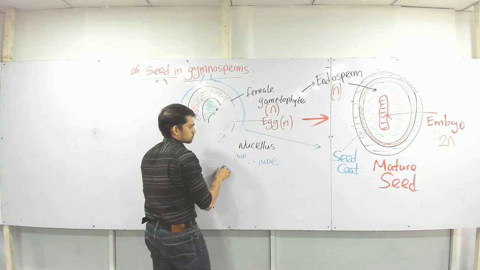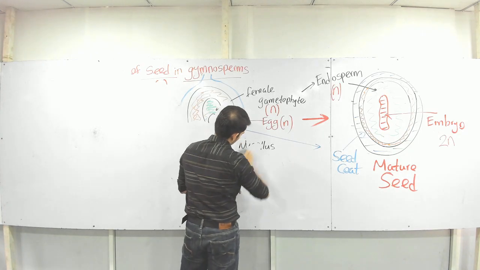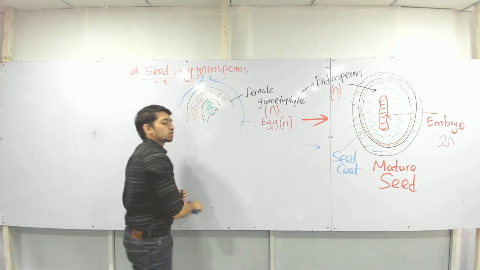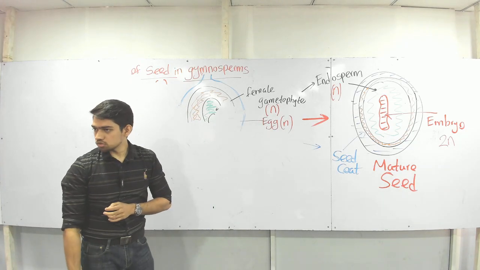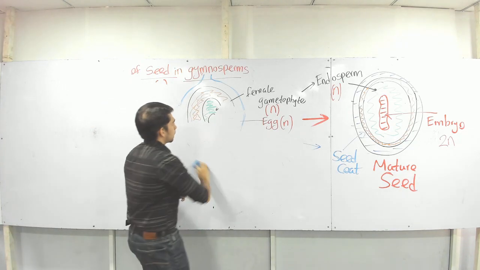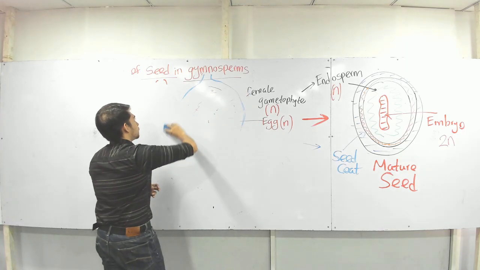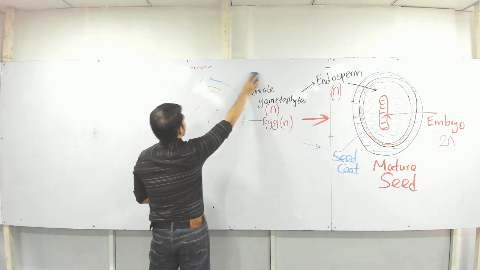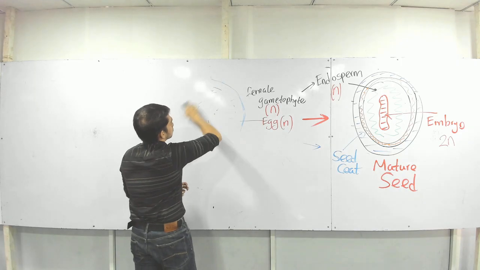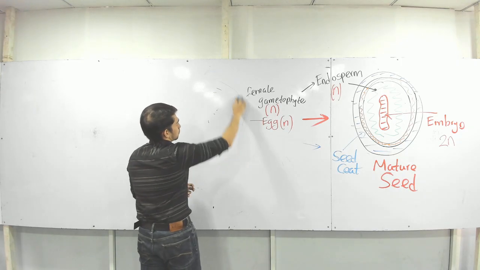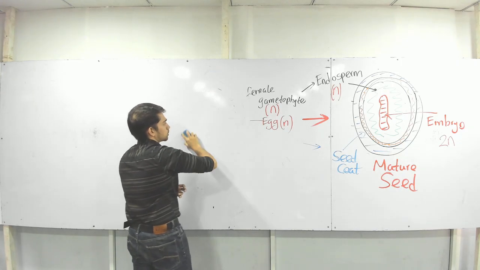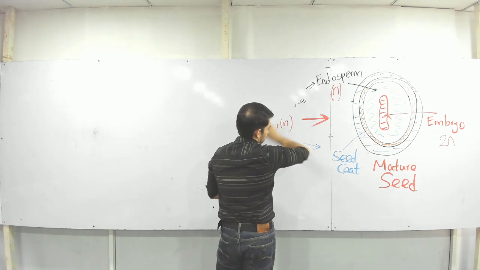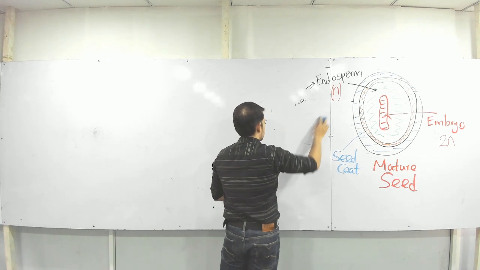Alright. So the two types of sporophytes are going to produce what? Two types of spores, right? What is the spore produced by the male plant or the male sporophyte? It's going to have what? Sporangia, which are microsporangia. In microsporangia, what are you going to get? Microspores.